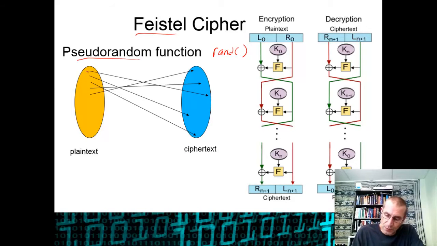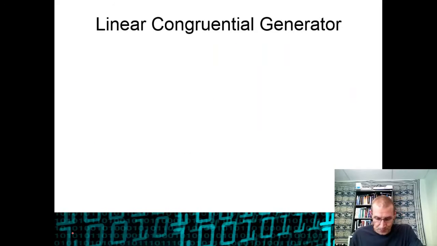So you can imagine if your plain text was A, B, C, D, E, which have some sort of regularity as we're moving through, it would be encrypting it into just random locations, so that if you were to look at some particular location here, you would have no idea where it came from. So that's what a pseudo-random function does: it takes an input and outputs something that you would never be able to think about in the reverse direction.